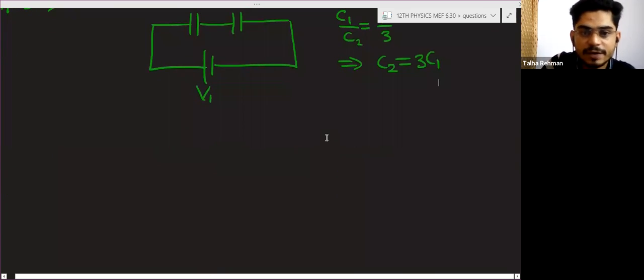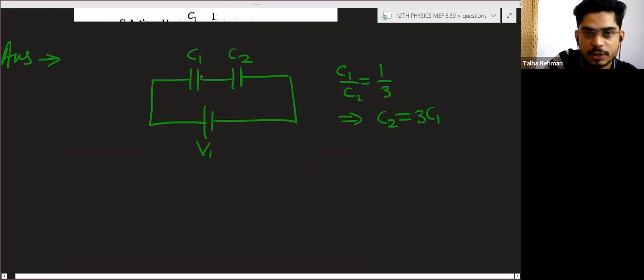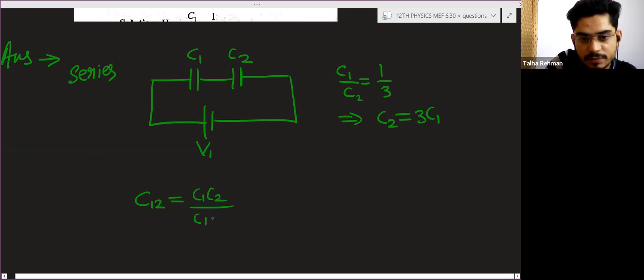Now calculate the equivalent capacitance. This is a series combination, so I am calculating C12, which is C equivalent. What is the formula? C1 C2 divided by C1 plus C2.